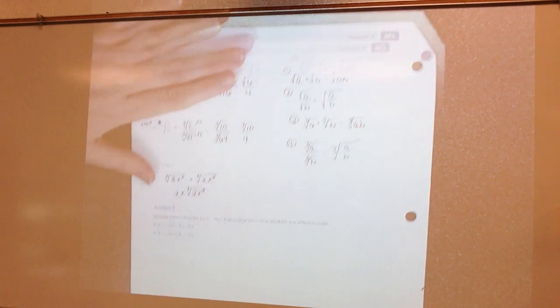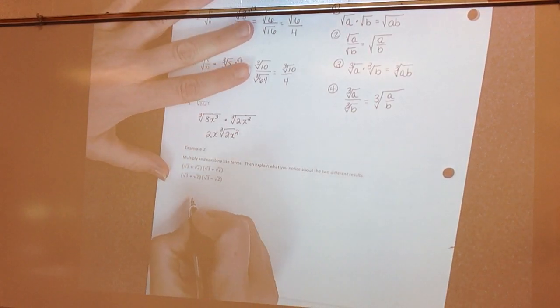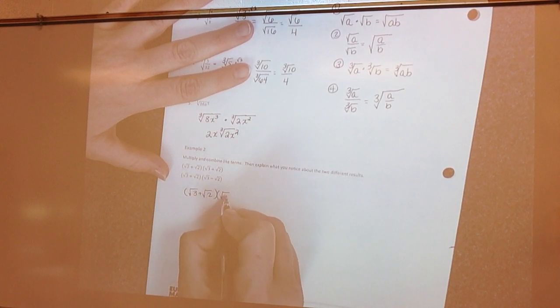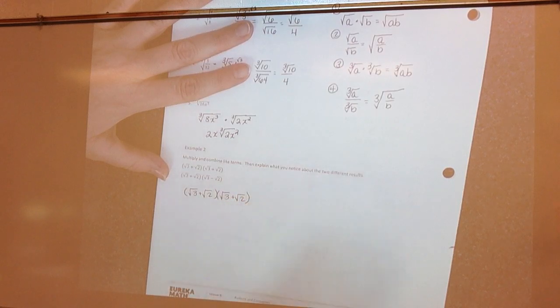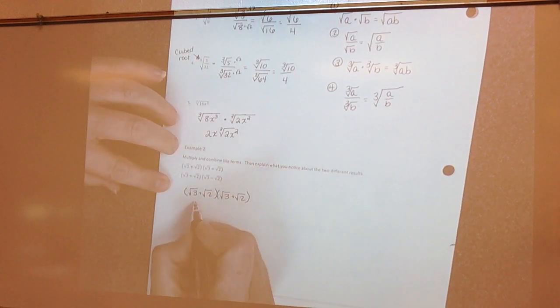Let's look at example number 2. Multiply and combine like terms, then explain what you notice about the 2 different results. The first product: the square root of 3 plus the square root of 2 times the square root of 3 plus the square root of 2. Distributive property here.